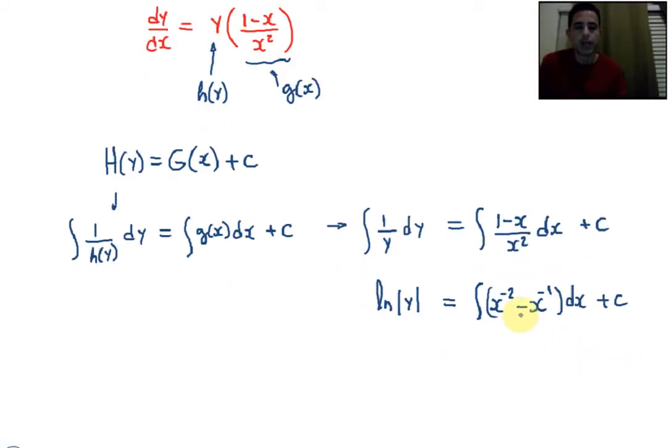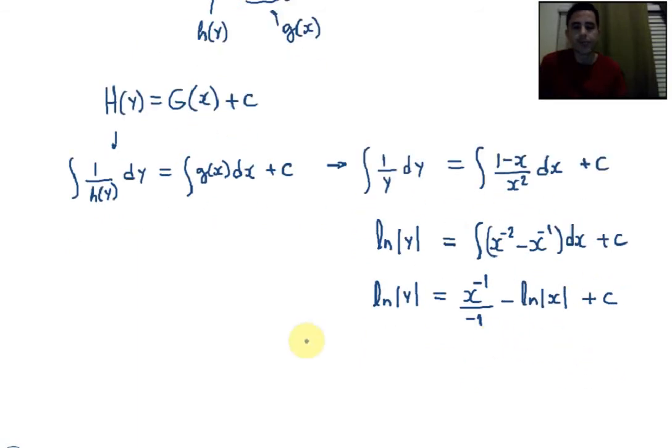So this would be x to the -1 over -1 minus the antiderivative of x to the -1, that's natural log of x, plus c. Okay, so let's rewrite this here. Natural log of the absolute value of y equals -1 over x minus natural log of x plus c.